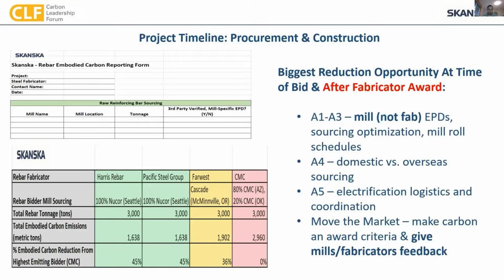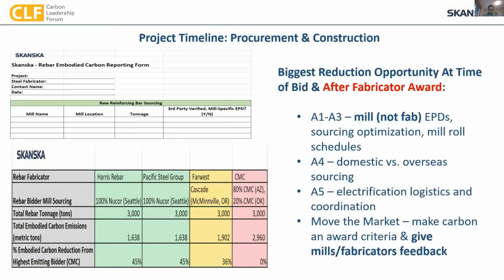Once that's happened, we can compile all that information. And for those who might have been on the concrete CLF meeting from before, we'll present in the bottom left the data from EC3 for A1 through A3, similar to how we would present costs. In this specific project example, we had two fabricators that were sourcing 100% of their rebar from Nucor Seattle.